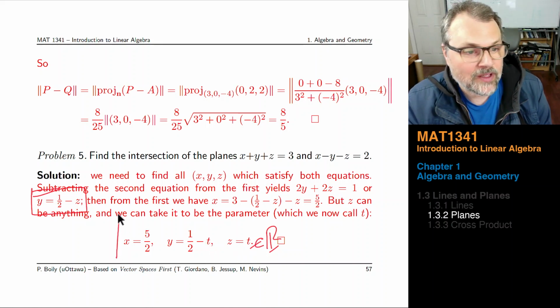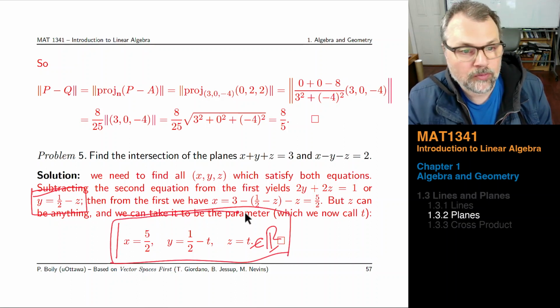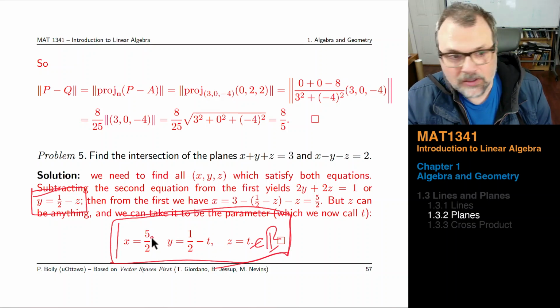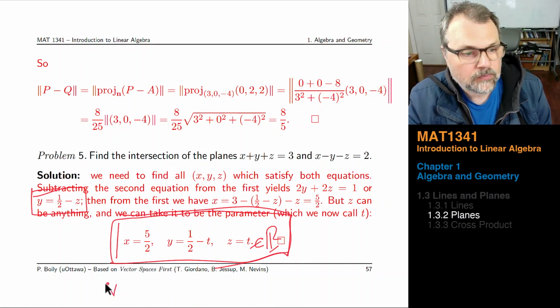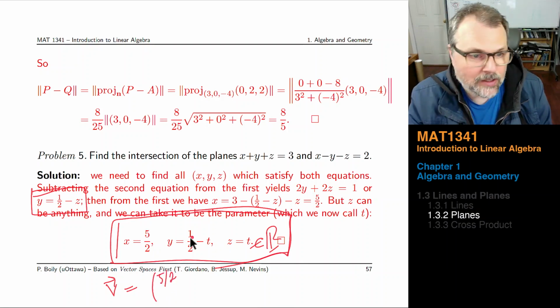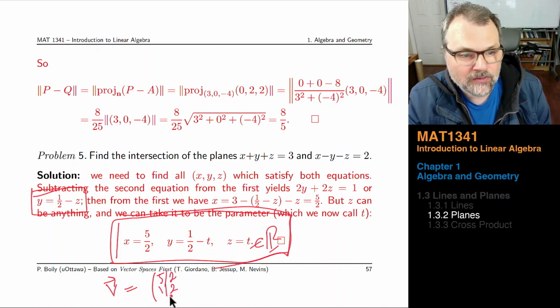And what we have is a vector parametric form, or a parametric form for the line. The value of x is always 5 over 2. The value of y, 1 over 2 minus something. The value of z would be 0 plus t. Well, there are no t's in x.